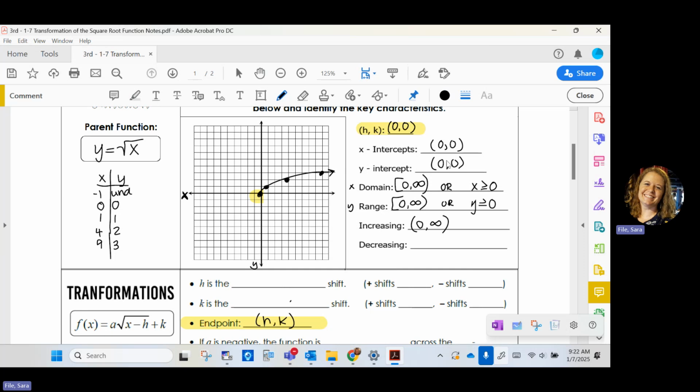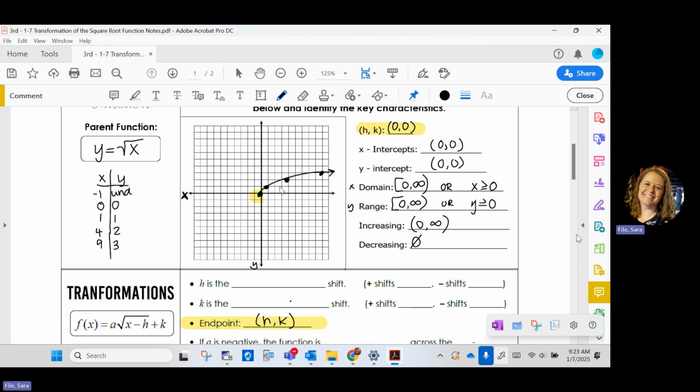Does this graph ever turn and change direction and start decreasing? No, so there's no decreasing interval on this one. You can write none. You can write it with the circle with the line through it like I did. And make little side notes in the margins if you need to about do not use brackets for these. This is the behavior of the graph from left to right. Okay, anything that you need to remember about how we answer these, you can make side notes in the margins over here.